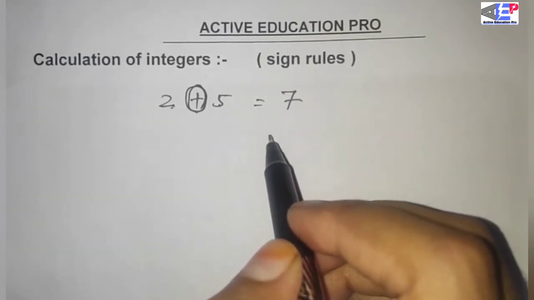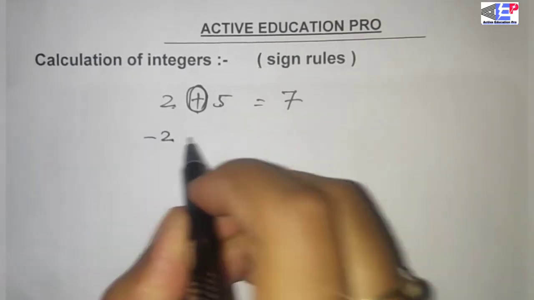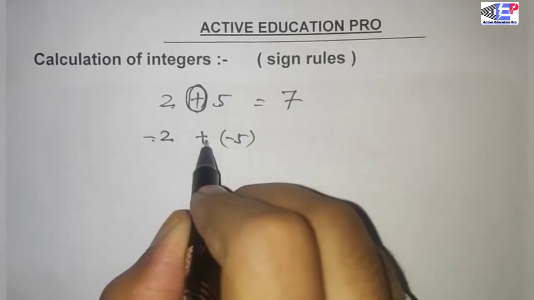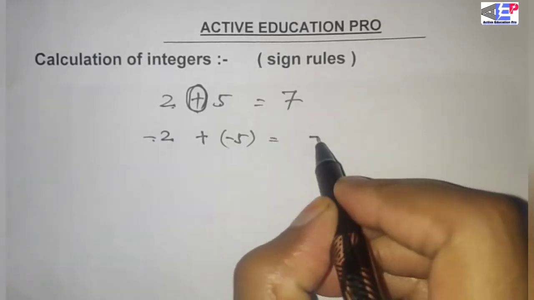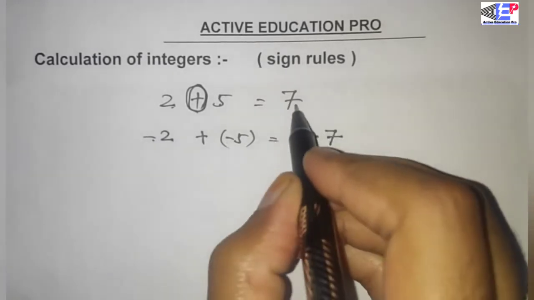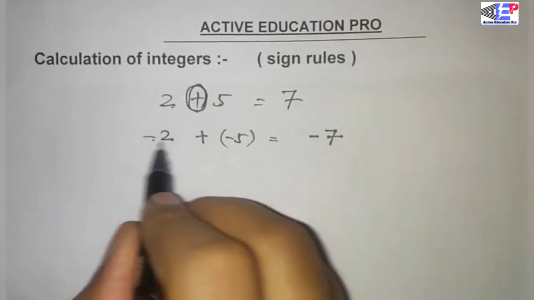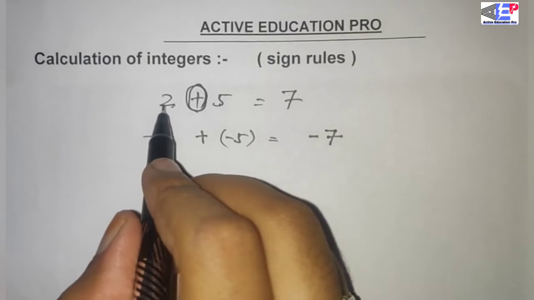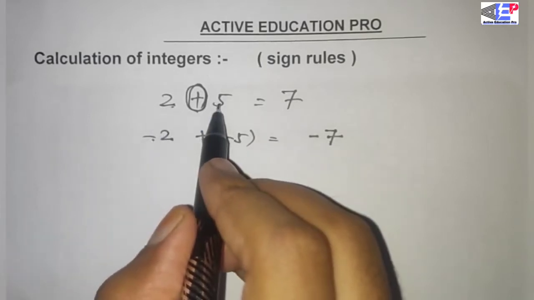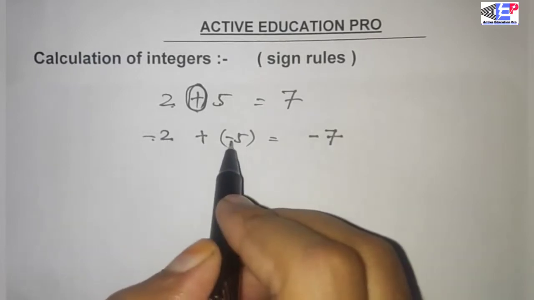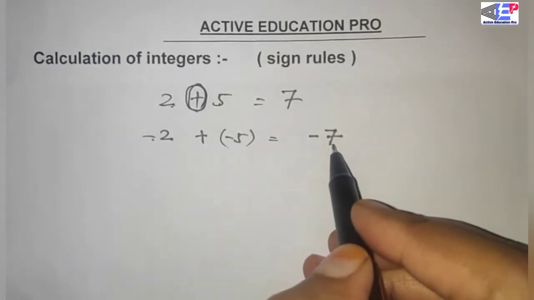Similarly, if you add two negative integers, suppose minus 2 plus minus 5, it is minus 7. The numerical value remains the same, 7 and 7, but the sign is changed. In our first case both are positive integers, so we get a positive integer, and in our second case both are negative integers, so we get a negative integer as the result.